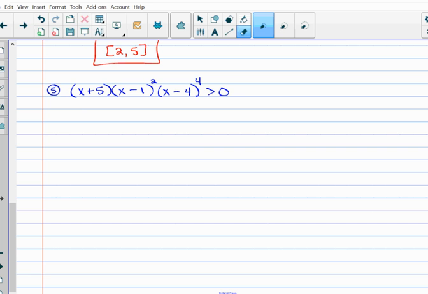I don't know how to explain it. It's hard to explain. But yeah, at least the -5 is negative because there is no multiplicity.